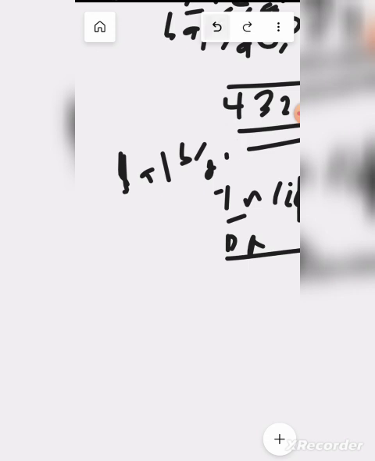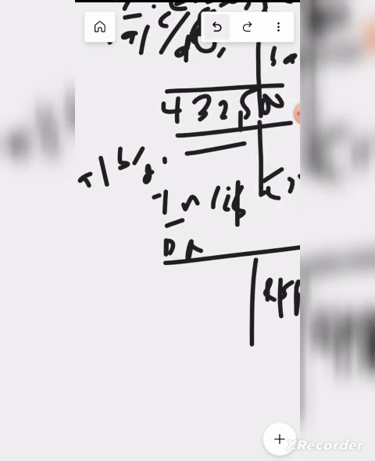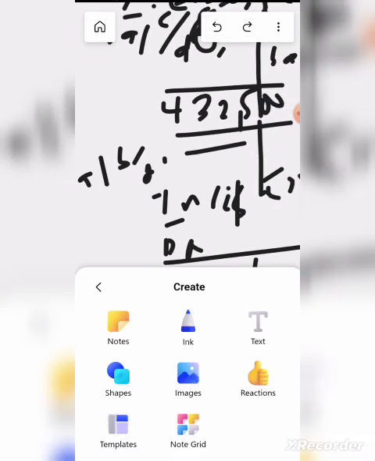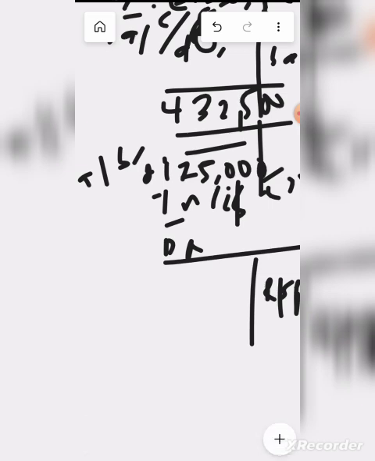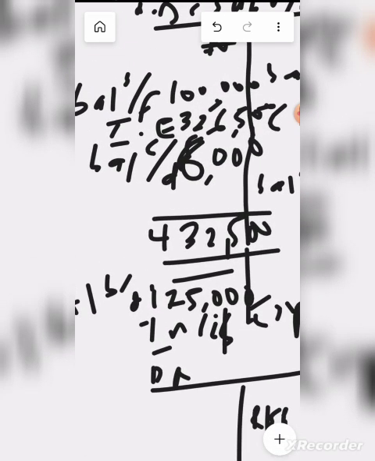So the balance brought down is 175,000. Okay, so let me post that there. That is 175,000. Okay. So the next one we have a balance carried down on the debit side.